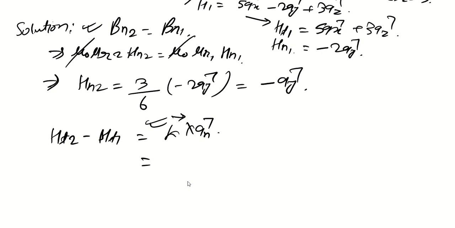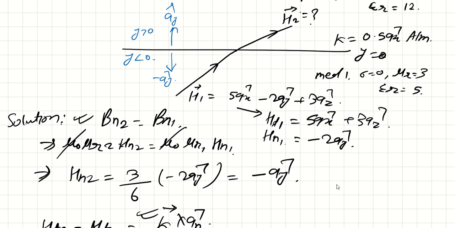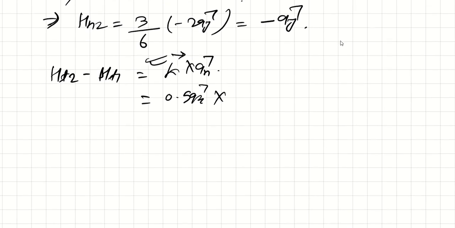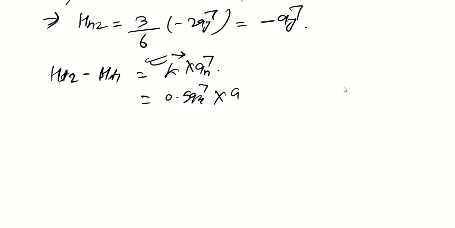We have K as 0.5 Ax cross what is the normal component? The normal component in medium 2 will be Ay. So this is K cross the normal component in medium 2, which is Ay.